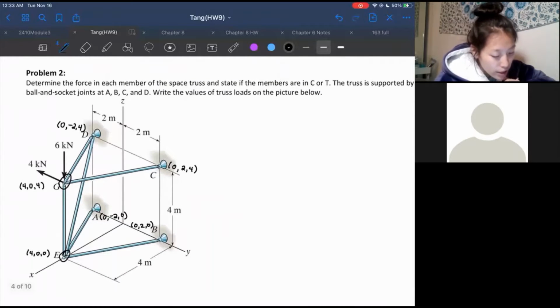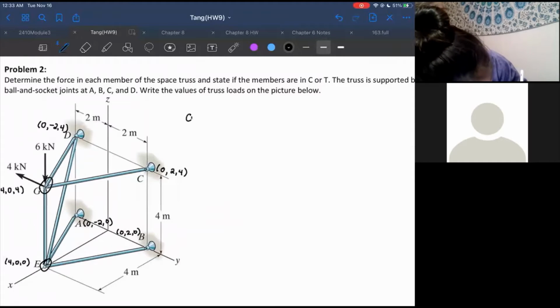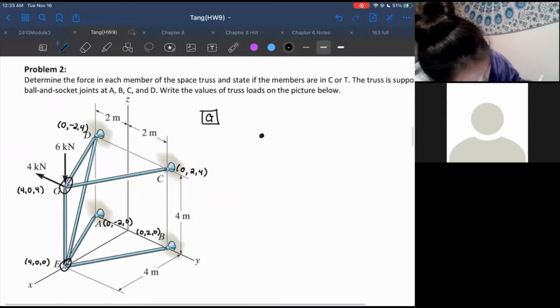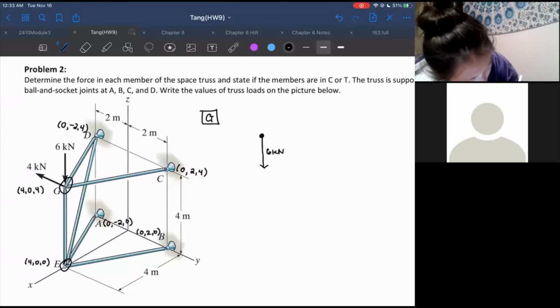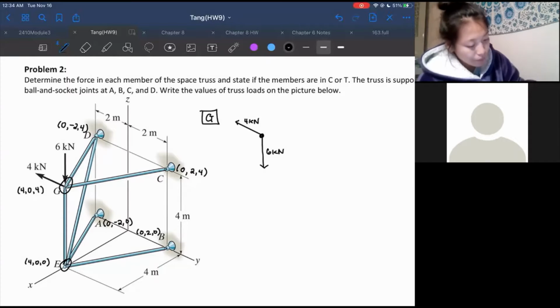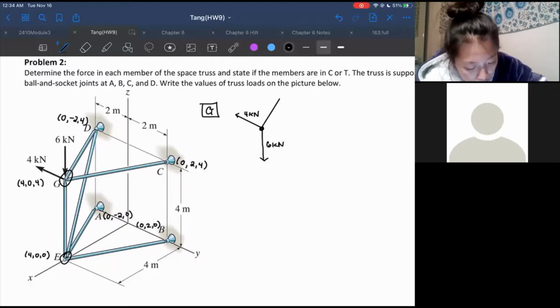And in this situation, I'm going to start with point G because that has forces that we already know. So I'm going to draw a free body diagram, label it G, and I will draw the forces we know. And then with the remaining, I usually just like to draw them in tension first.